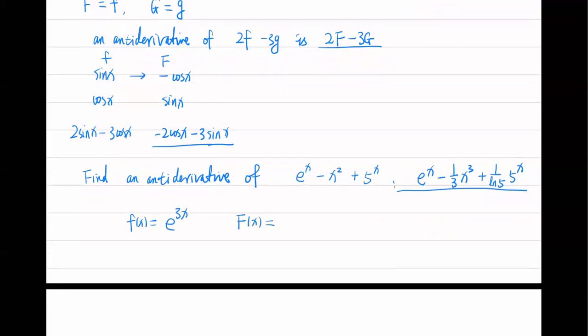Slightly more complicated. So how do we find an antiderivative? Sometimes it's not easy to get this in one step. We will try a simpler one and try to modify it. Okay, the first step, give me a reasonable guess.